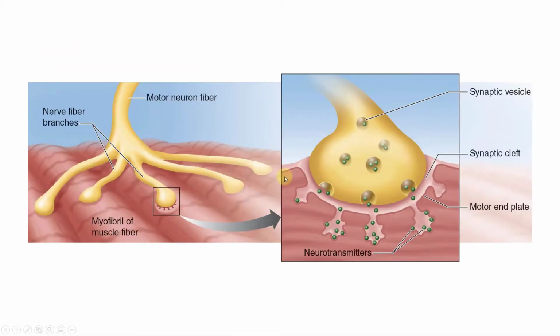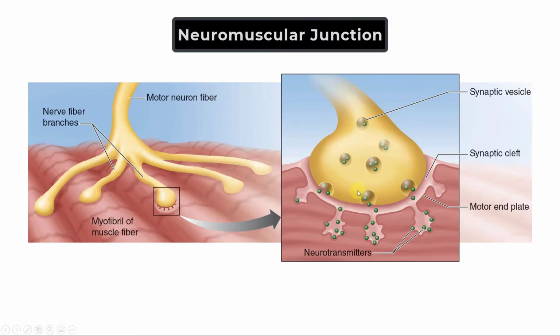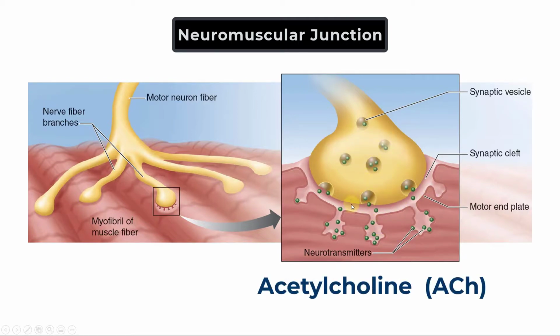And so when we look here, same thing, the neuron does not touch the muscle fiber. There's a gap there, and this is called the neuromuscular junction. So you have the neuromuscular junction, the synapse, and you have certain neurotransmitters here, acetylcholine, that are waiting to send their signal.